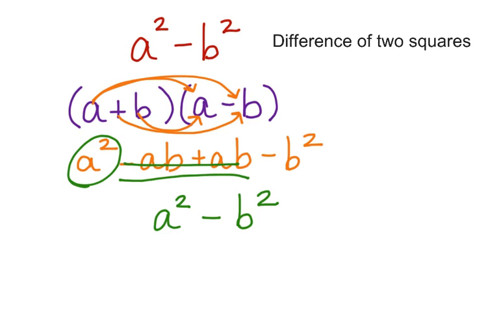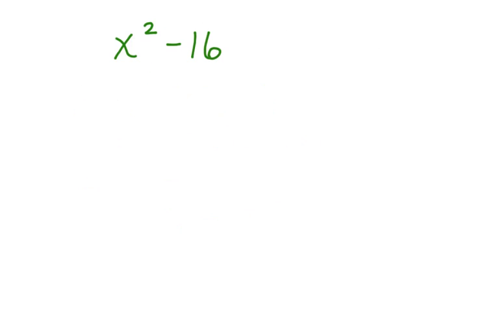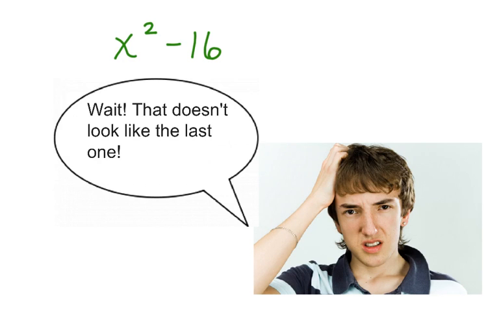Now let's look at how to do this when numbers are involved. Here we have x squared minus 16. Wait a minute, that doesn't look like the last one. You know what, you're right. The last one looked like this: a squared minus b squared.